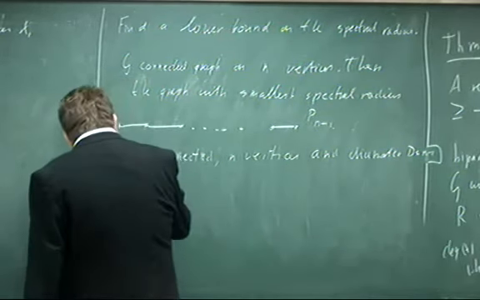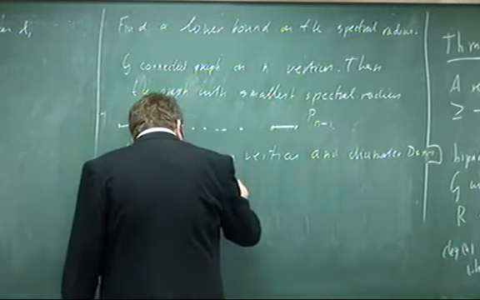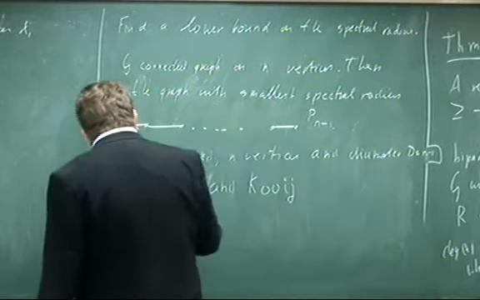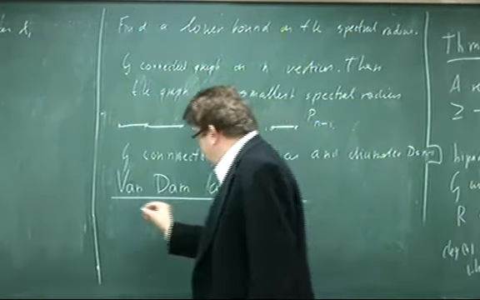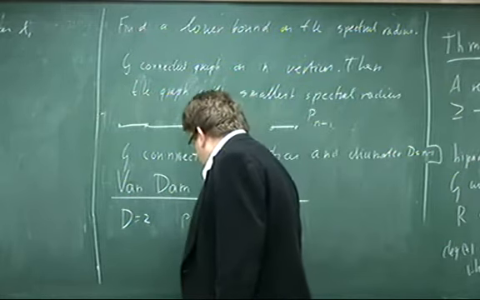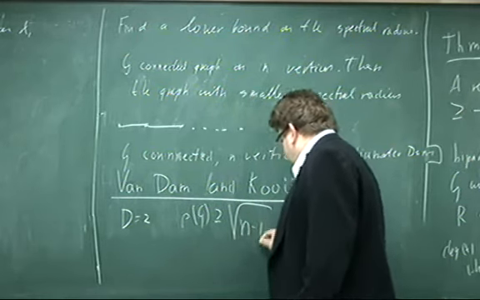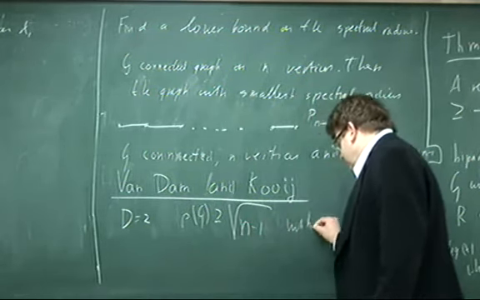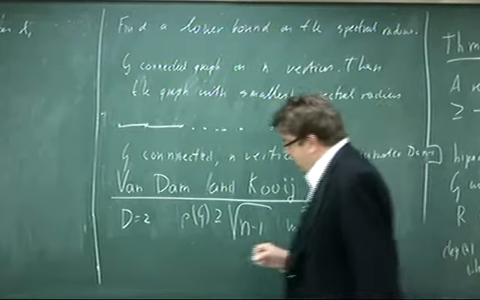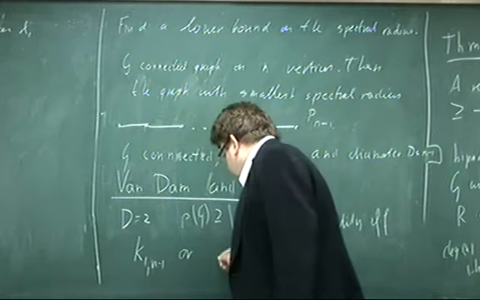So the first result is by Van Dam and Kooij. What they did is they looked at d is 2. And then rho of G is always greater or equal to the square root of n minus 1, with equality if and only if this is a star graph on n vertices or a Moore graph.